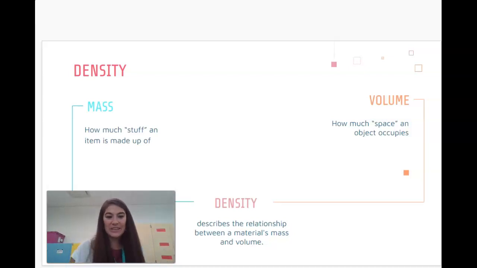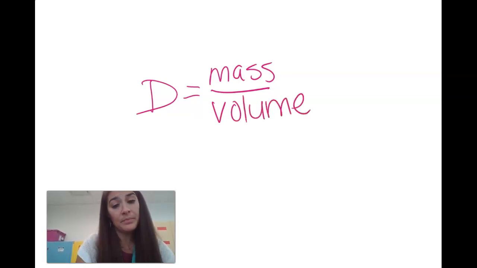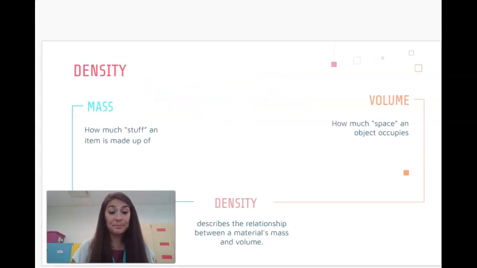When we're talking about density, we say that density is equivalent to the mass per unit volume. We can use that mathematically and simply say that density equals mass over volume. That's the equation we're going to use as we solve these density problems.